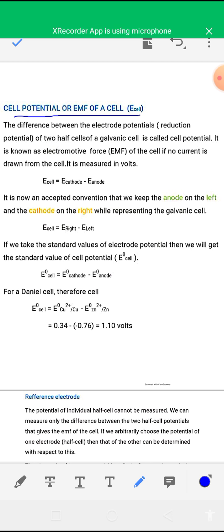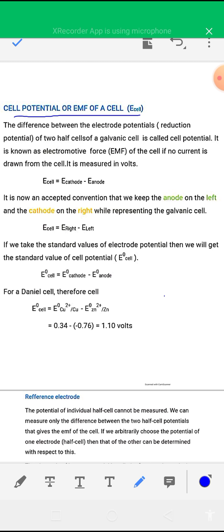Okay. And during calculation of cell potential, you have to use only the reduction potential of both the electrodes, and you can convert the oxidation potential of an electrode into reduction potential by changing the sign of the electrode potential. Okay, so what is cell potential?